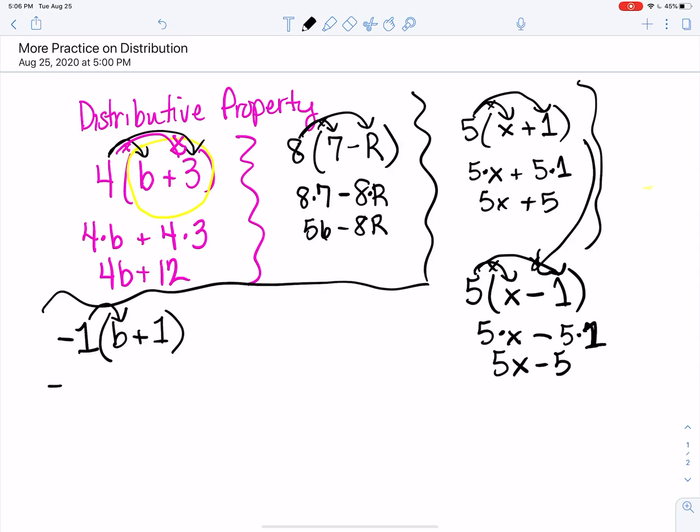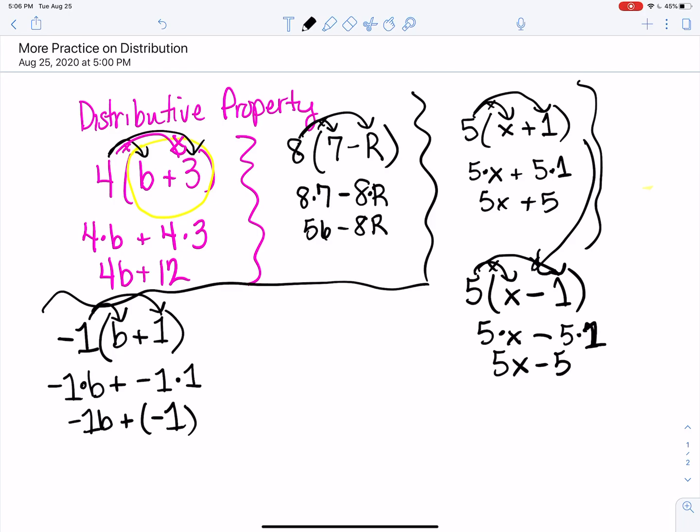So I'm going to write down negative 1 times b. I'm going to add, but I'm going to take negative 1 times positive 1. So this will become negative 1b plus negative 1, because negative 1 times 1 becomes negative 1.